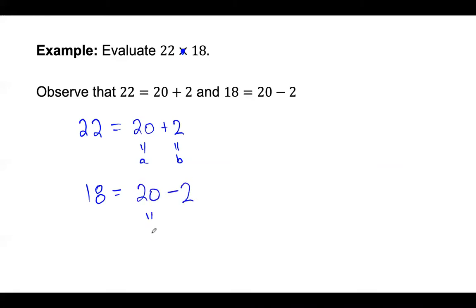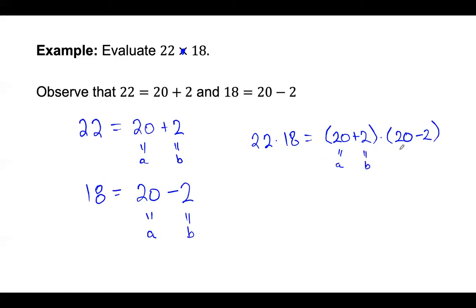Again, this is our A, and this again is our B. So let's multiply them together. So 22 times 18 is equal to 20 plus 2 times 20 minus 2. Again, this is our A, our B, our A, and our B. But now we're adding and subtracting.